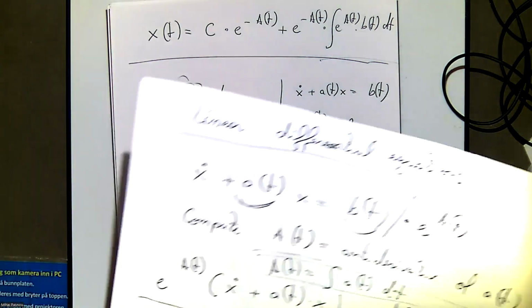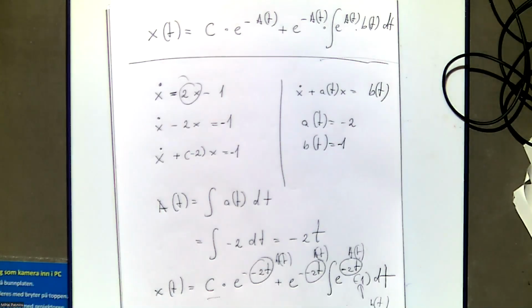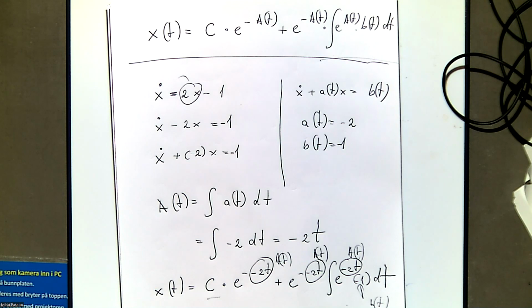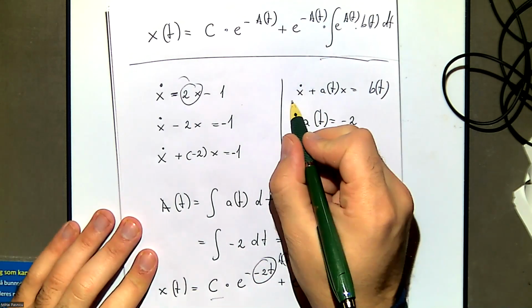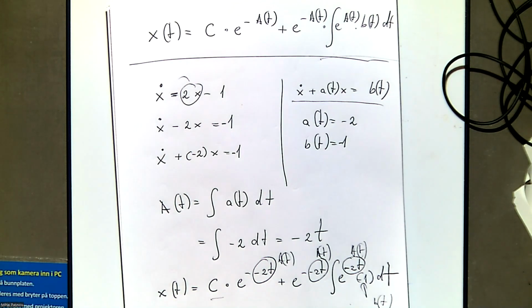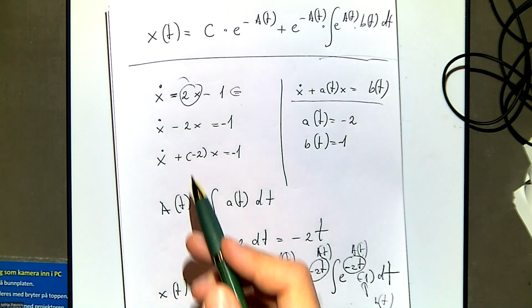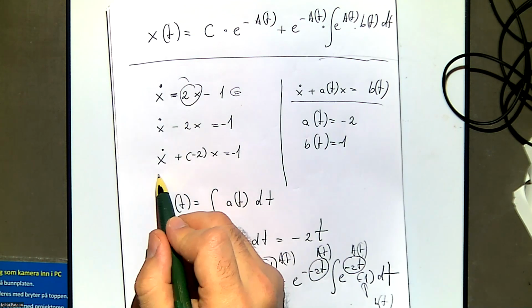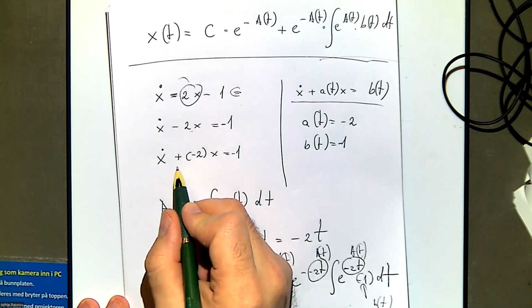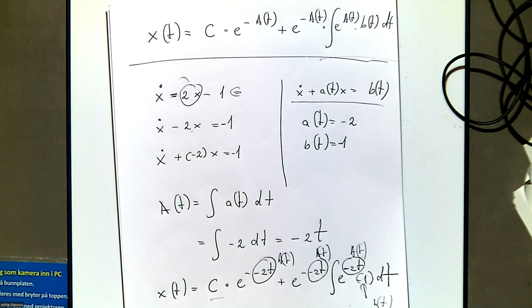That's all really. Looking at my example, this was my linear differential equation. My first step was to bring the problem that they gave me to the closest form to the linear differential equation that I can. So I moved this to the other side, and instead of minus 2x, I wrote plus minus 2 times x.